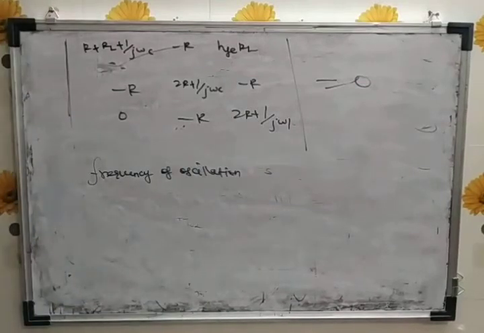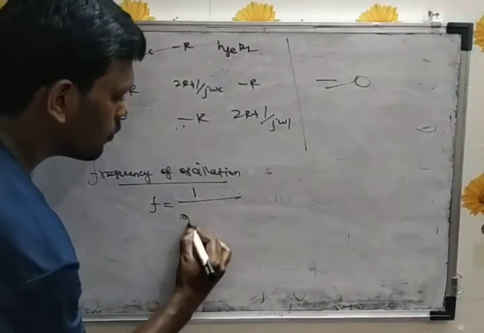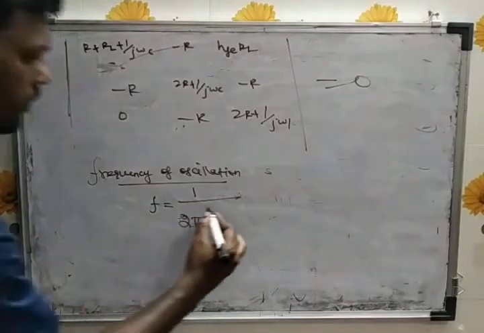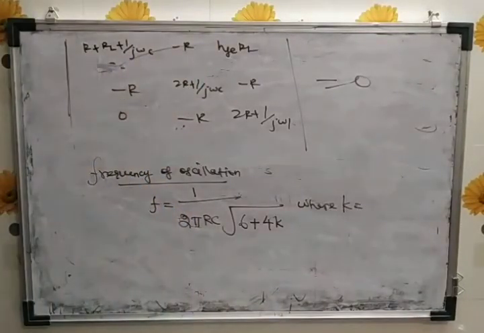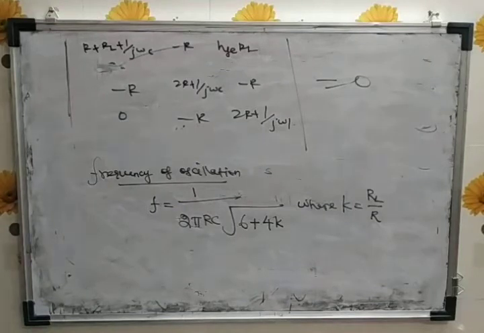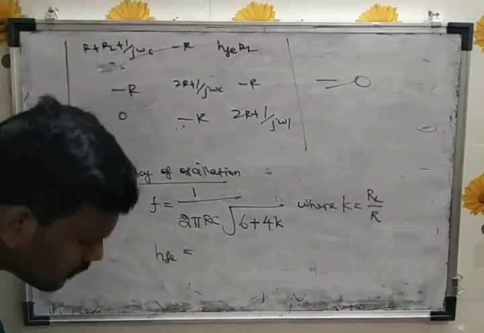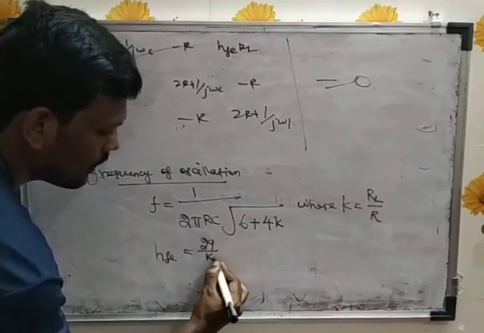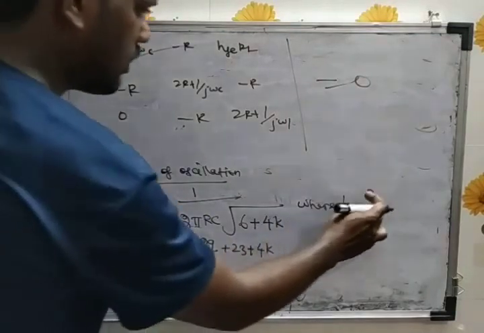Frequency of oscillation F is equal to 1 by 2 pi RC into root of 6 plus 4K, where K is equal to RL by R, load resistance by feedback resistance R. This is a very important equation, and HFE value is equal to 29 by K plus 23 plus 4K, where K is equal to RL by R.